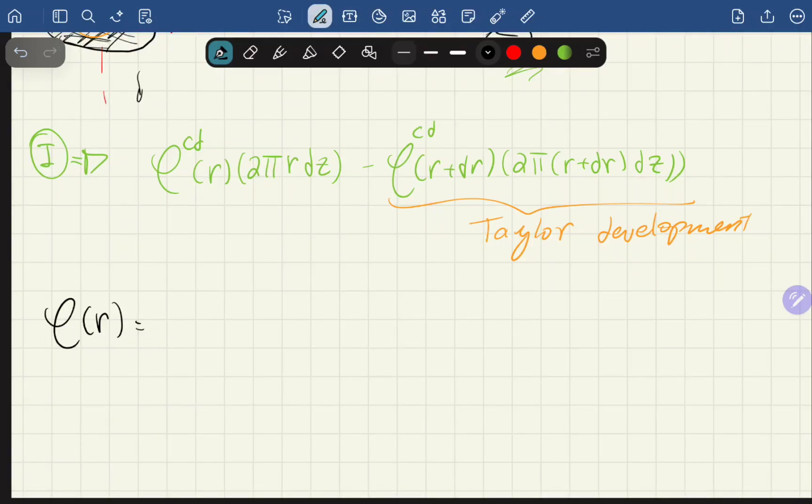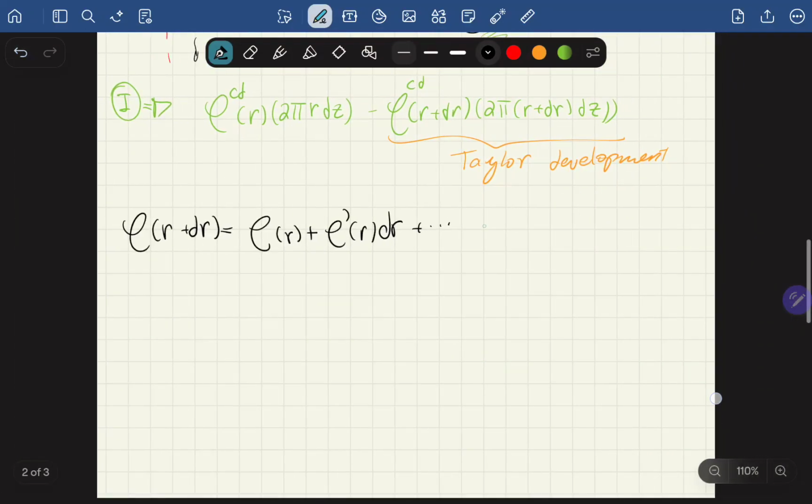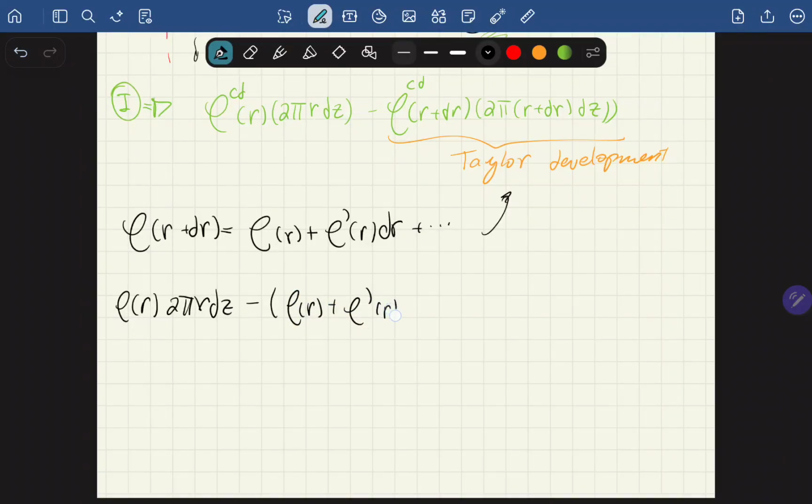So we have phi of r plus dr should be equal to phi of r plus phi prime of r dr plus whatever we have there. We don't care, and we're going to plug this in over here. So we have phi r 2 pi r dz minus phi r plus phi prime r dr times 2 pi (r plus dr) dz.